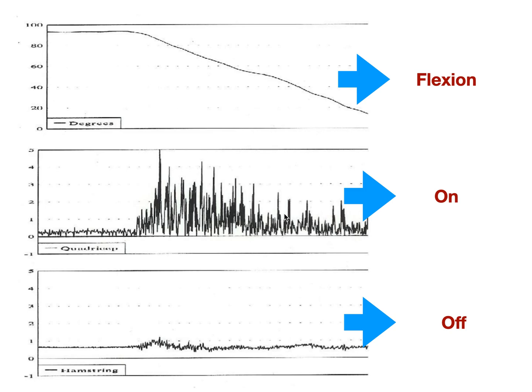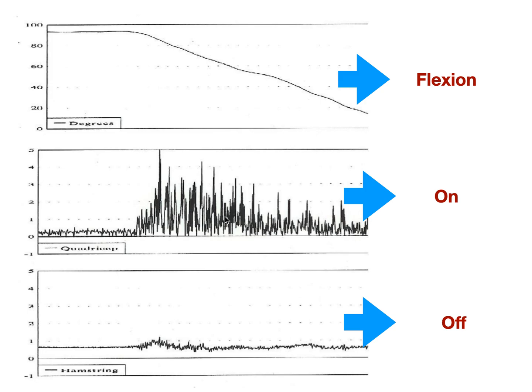So quadricep is on, hamstring is off, and it's doing a knee flexion. So you can think about what kind of action it is. Is it concentric contraction or eccentric contraction? The knee is flexing and the quadricep is turned on, so we know it's eccentric contraction of quadricep.